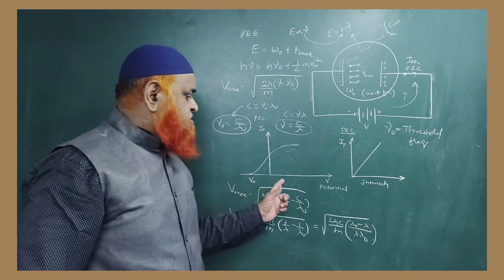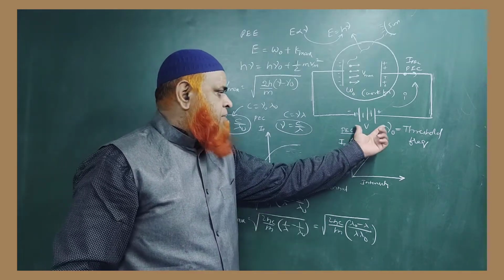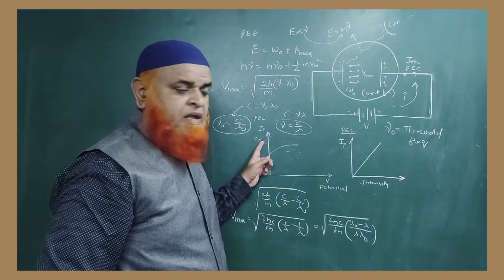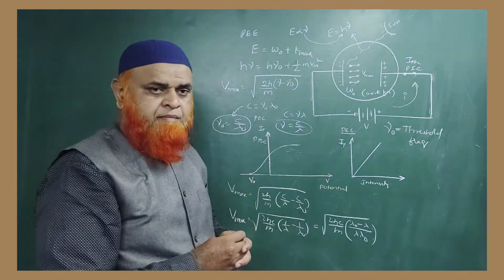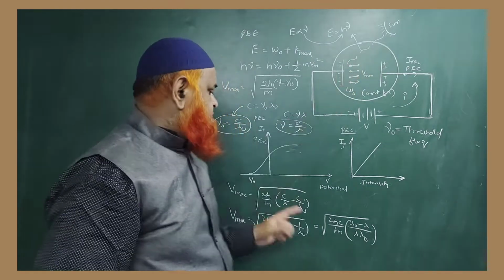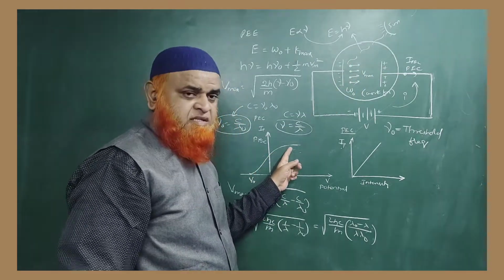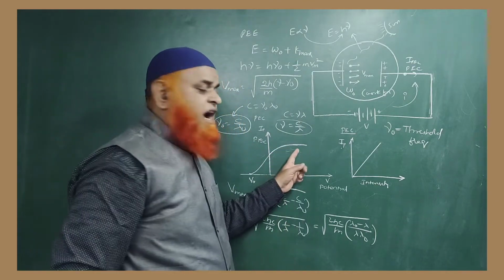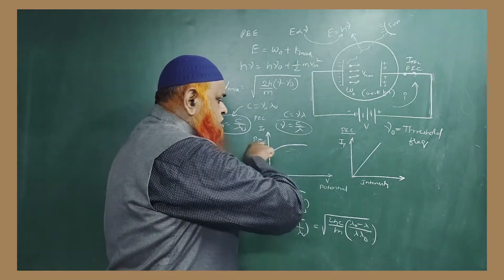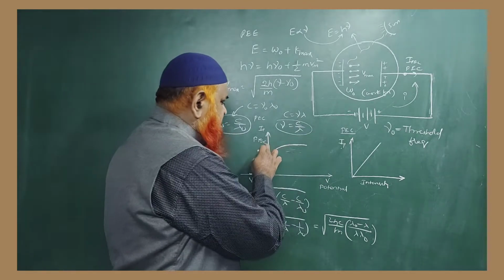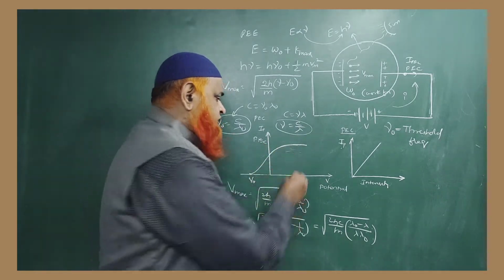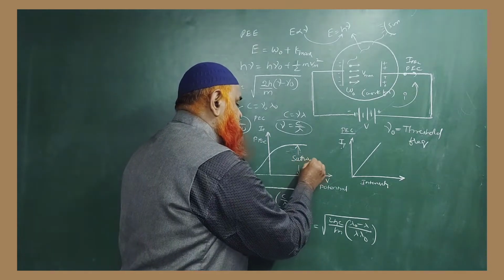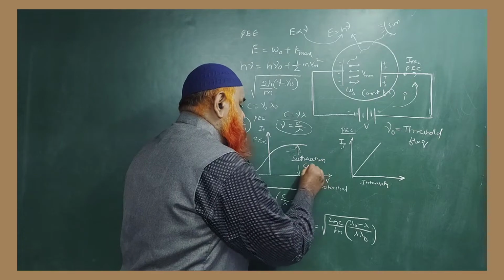Now let me discuss this graph, which shows the potential we apply along the x-axis, and photoelectric current along the y-axis. What is this graph explaining? As soon as the sunlight falls, the electron number increases and electric current also increases, but after a certain point the graph shows a constant line, a straight line, and that means the saturation point has been reached. This is called the saturation current.